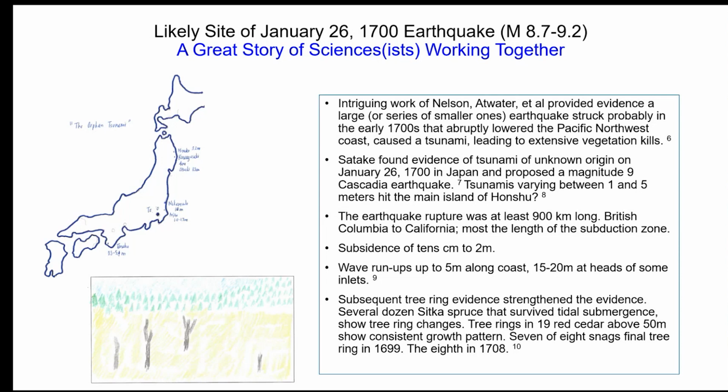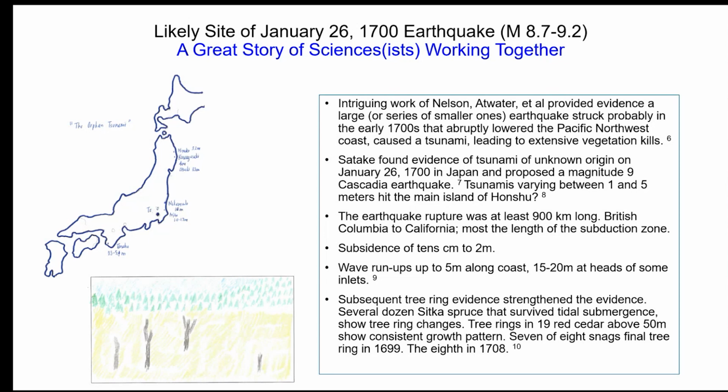And then there was a professor in Japan that basically knew about a tsunami of unknown origin that took place in Japan. They've tracked their tsunamis for a long time, but they didn't have an earthquake to go with it. And he basically proposed a magnitude 9 earthquake coming off here that hit Japan. At Japan, the tsunami had wave runups of between 1 meter and 5 meters in various places.